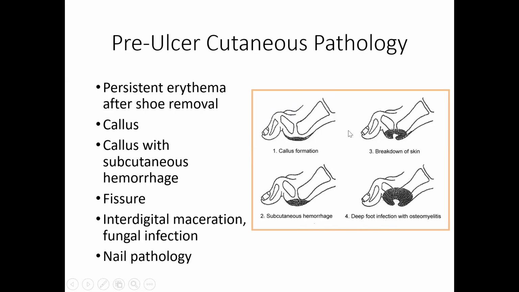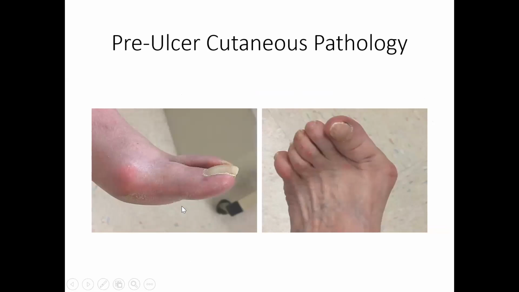So this is one example, or one flow, of how pathology works. And there can be other methods, like a fungal infection is mentioned here, and nail pathology as well. So can you appreciate the erythema over here, and how the nails are also not very clean. They are light yellow in color, and you can see this is a foot deformity. Okay, this is the hammer toe actually, hammer toe deformity.